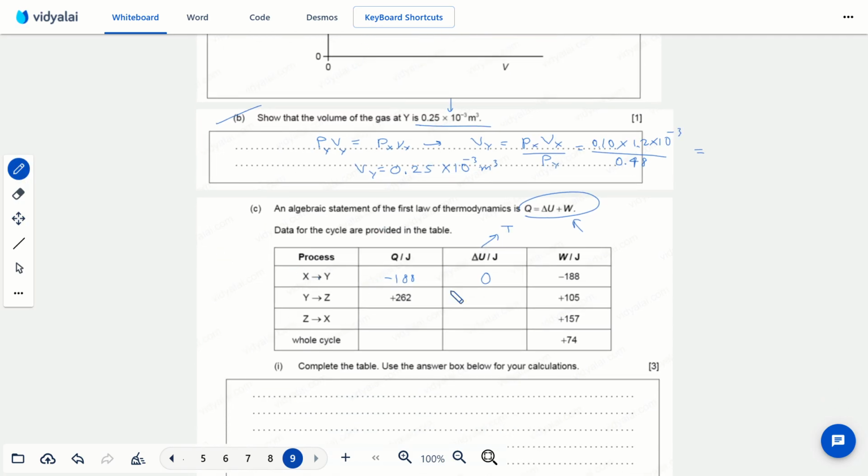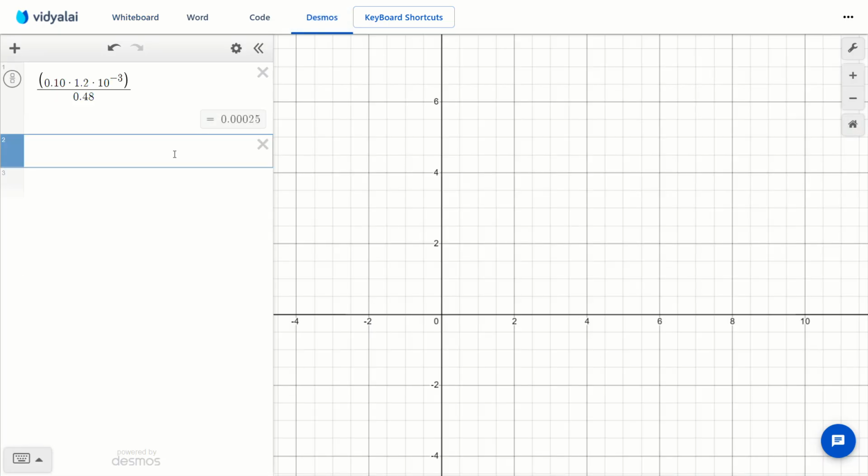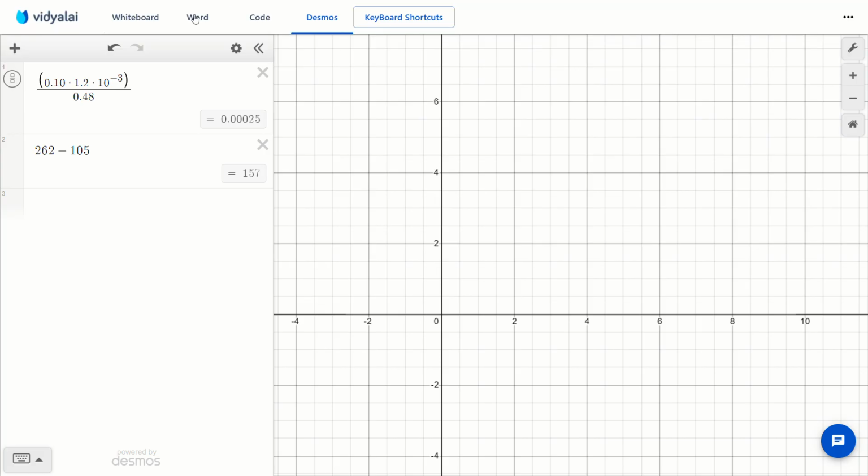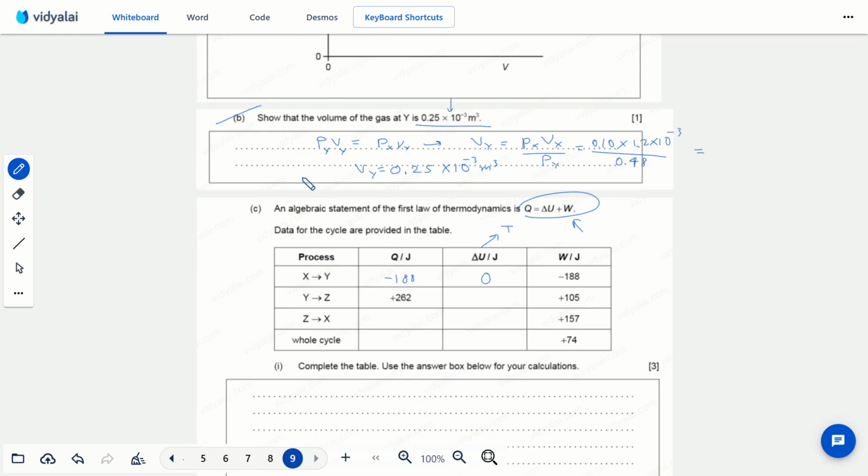So here we need to subtract both of these things to get the answer, and let's do it. 262 minus 157 is 105.